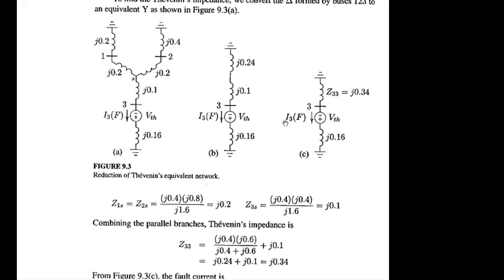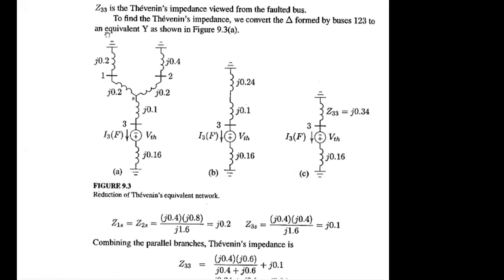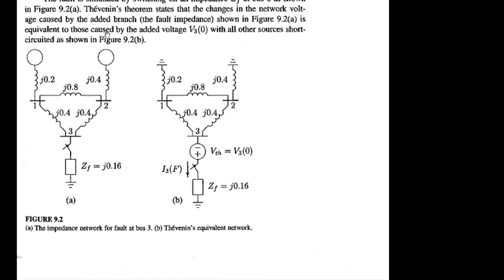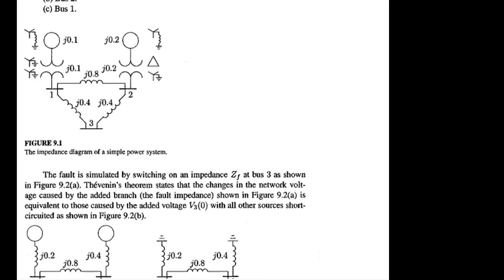Sir, can you repeat the last thing you said? If we have fault current I3F, the total fault current, can we get the fault current during that bus 3 fault for generator 1? This path is for generator 1. If we check the diagram, this is generator 1, this side, and this is generator 2, another side.